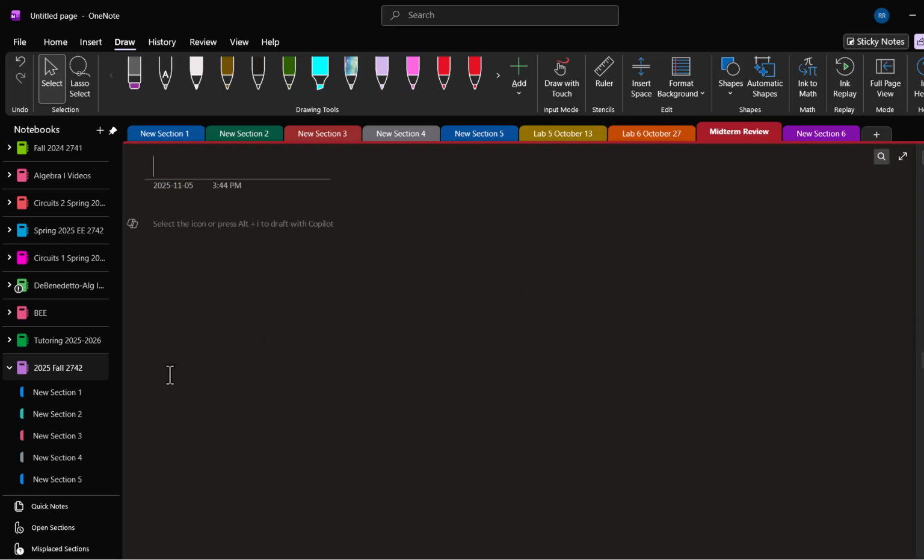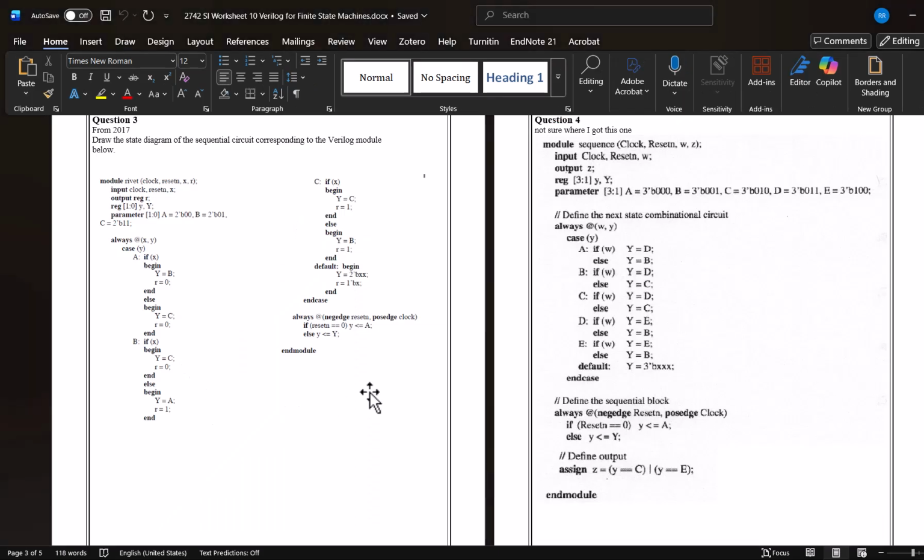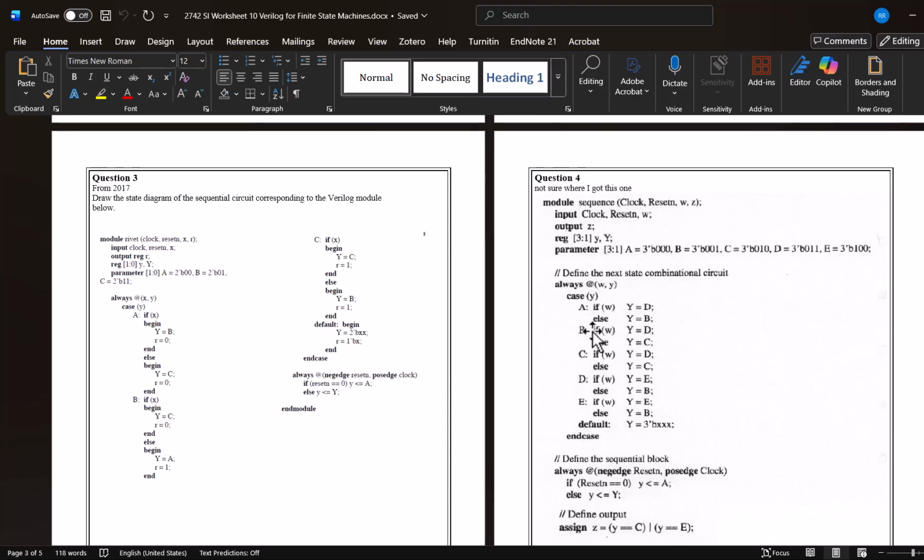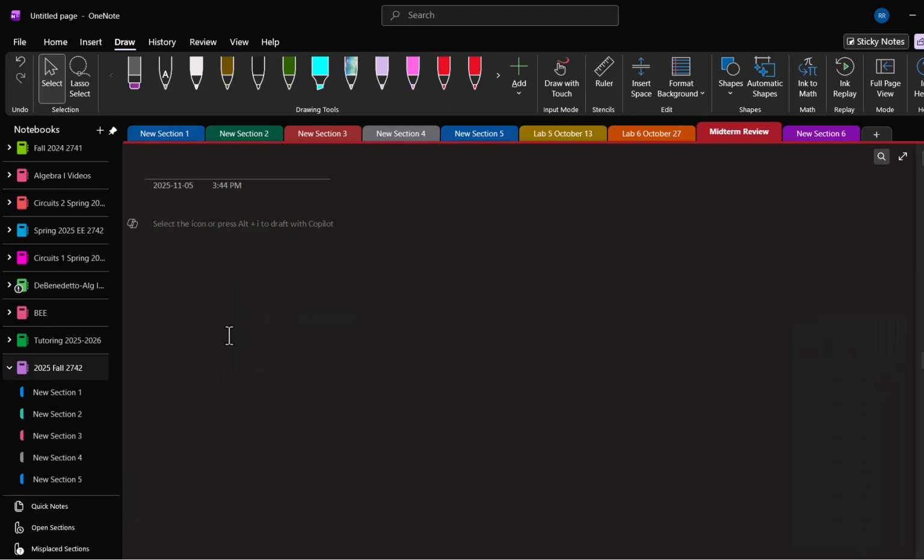You just want the state diagram for this one? I don't remember if I had directions on it. It just says, not sure where I got this one. Yeah, let's just do the state diagram.